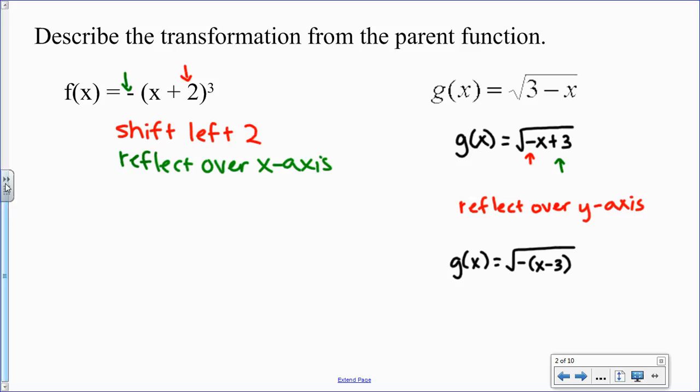Okay, so I'm actually moving right 3. Alright, so there were 2 transformations here and 2 transformations here.